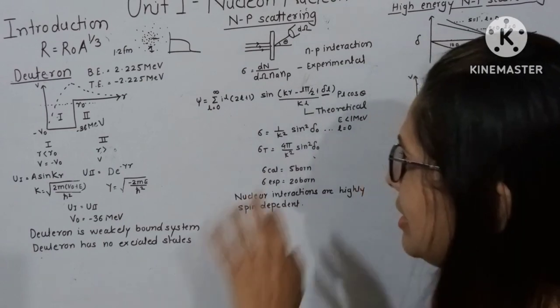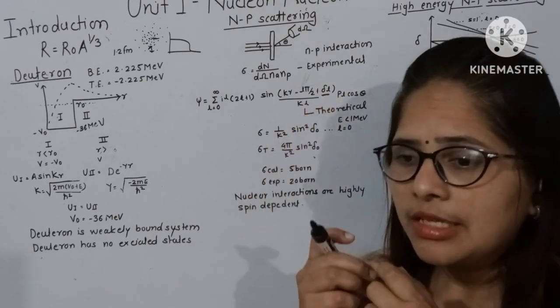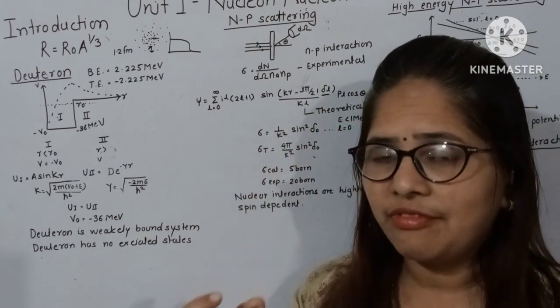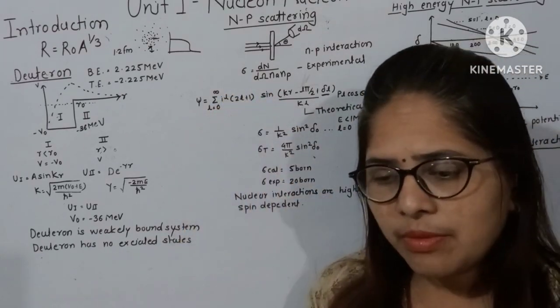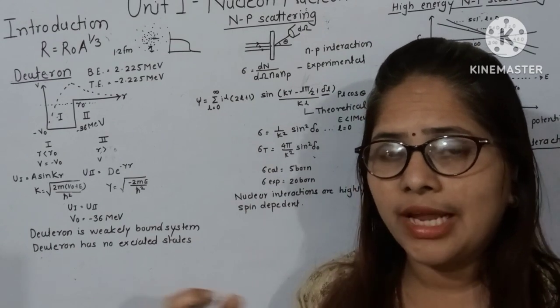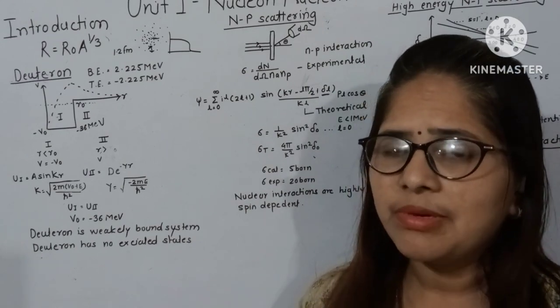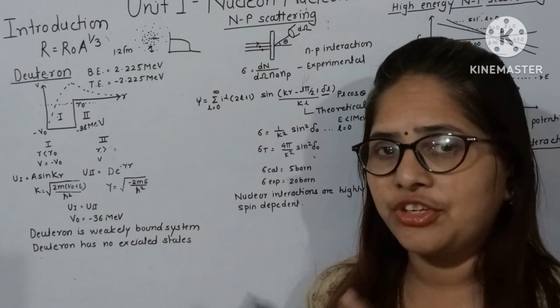Now, this phase shift delta is a theoretically dependent value on the NP interaction, whereas this sigma is an experimentally dependent value on the NP interaction. So there must be some relation between this sigma and the phase shift delta.